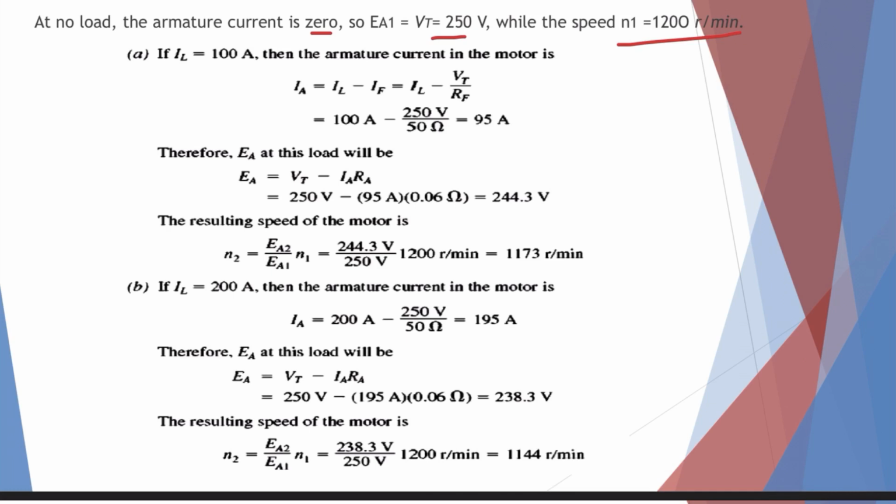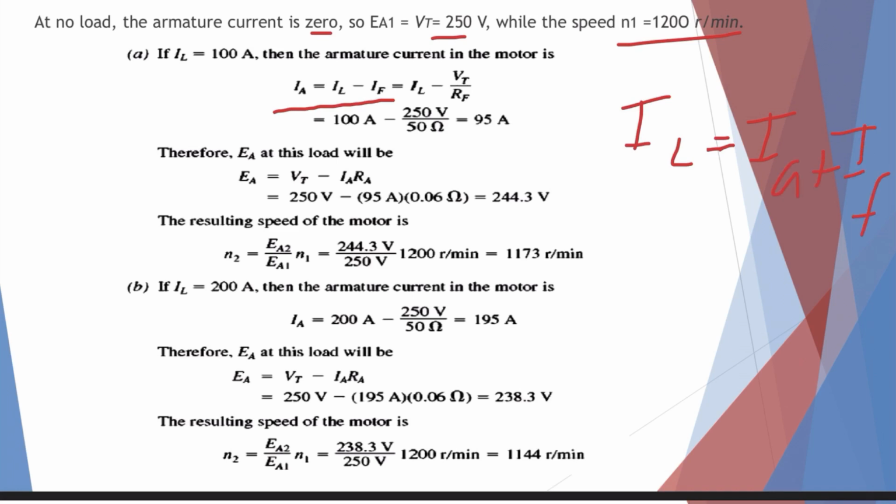For A, if IL equal 100, we can find the armature current: IA will equal IL minus IF, because IL equals IA plus IF.